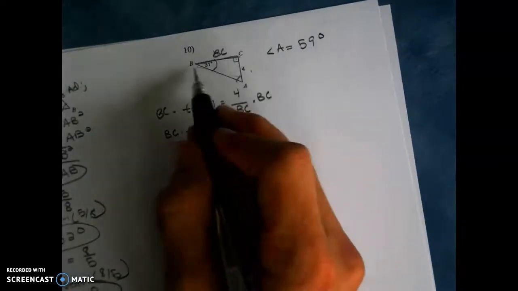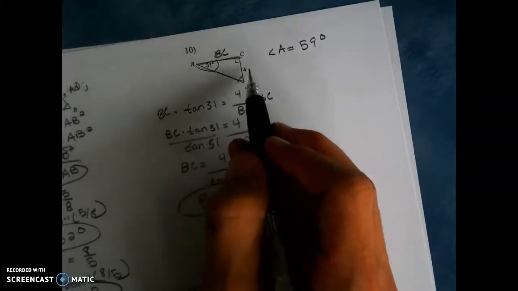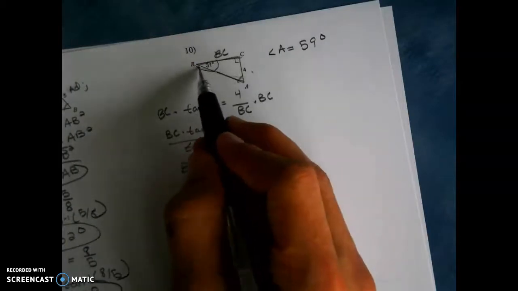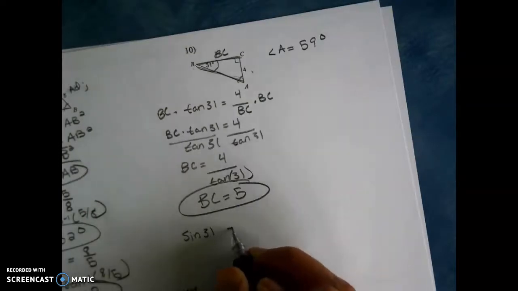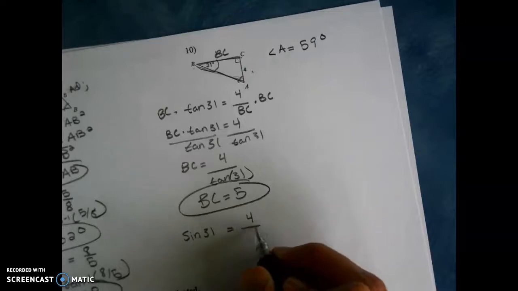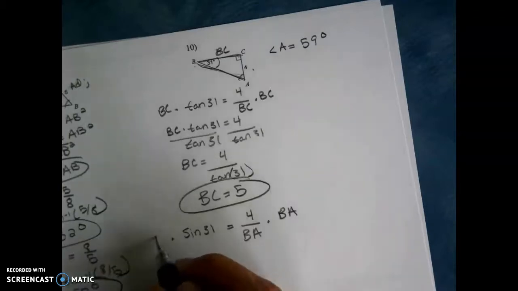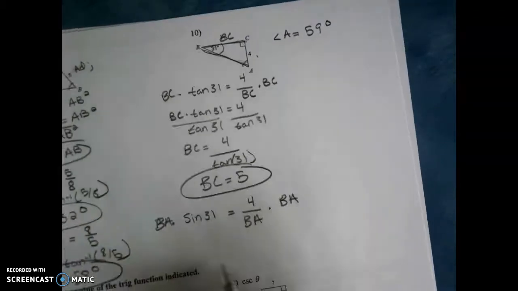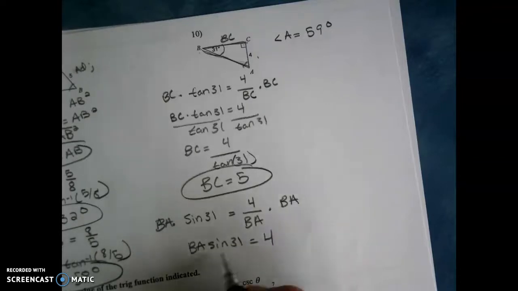Okay, and then the last one, AB. Using the same angle, now this is opposite over hypotenuse, so that's going to be sine. Sine of 31 is equal to 4 over our hypotenuse, which is BA. Follow the same process as the last problem. We're going to try to get BA by itself. So we have BA times sine of 31 is equal to 4. Divide by sine of 31.